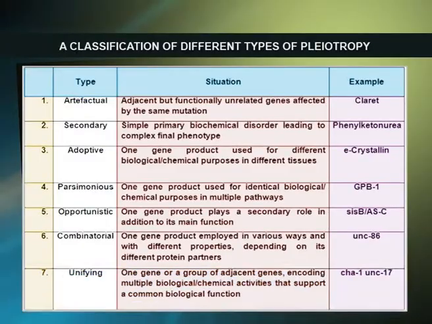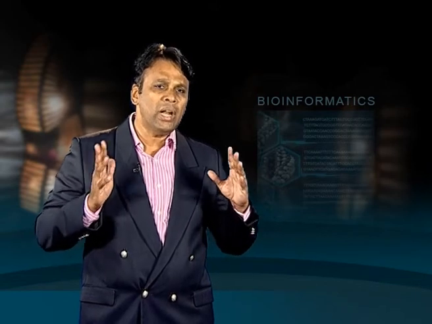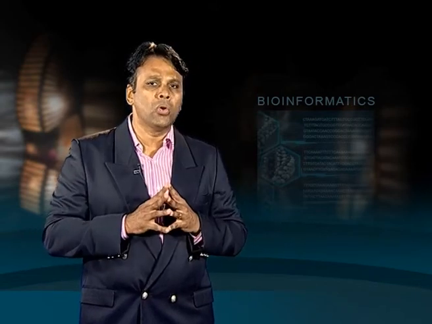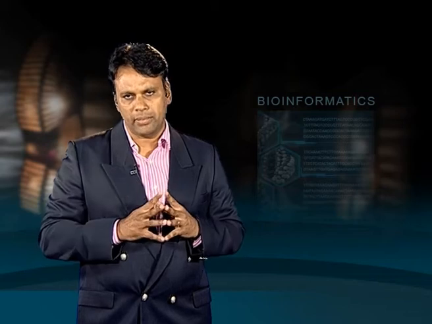Now, let us look into the case of the seventh one, unifying pleiotropy. Unifying pleiotropy is the final type because in ultimate biological output, it describes cases where the multiple functions of a gene or locus are all related, but the immediate chemical functions are diverse.